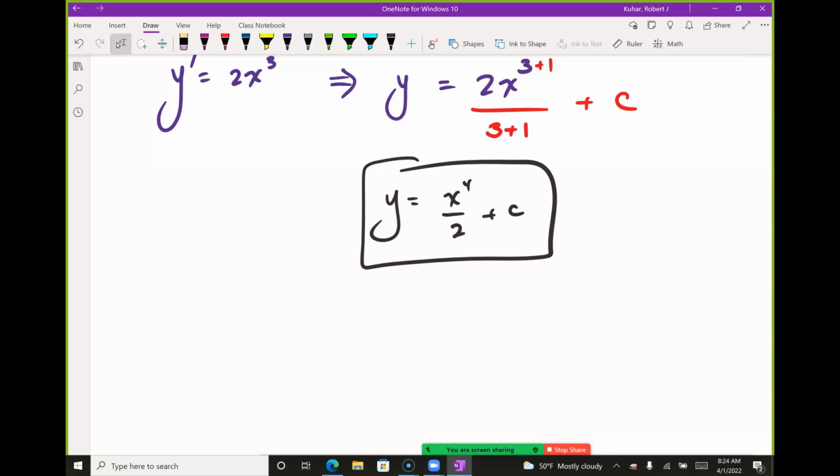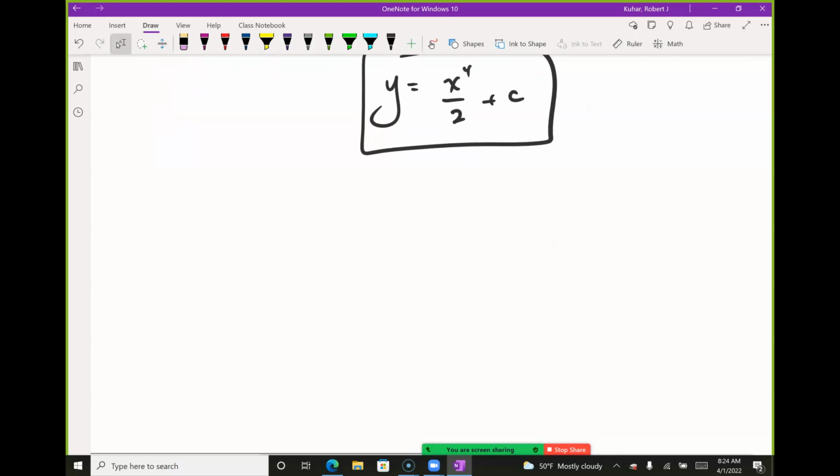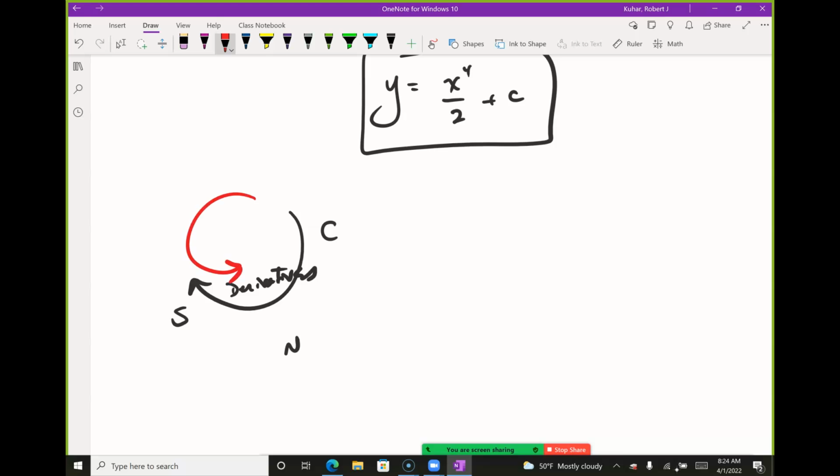A couple of interesting ones. We had our sine and cosine wheel, right? So I had A, B, C, M, N, O, P, Q, R, S. And when I was doing derivatives, I'm going this way. When I'm doing antiderivatives, I'm going the opposite way.